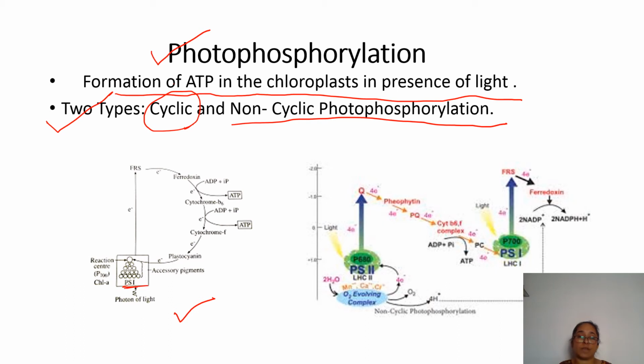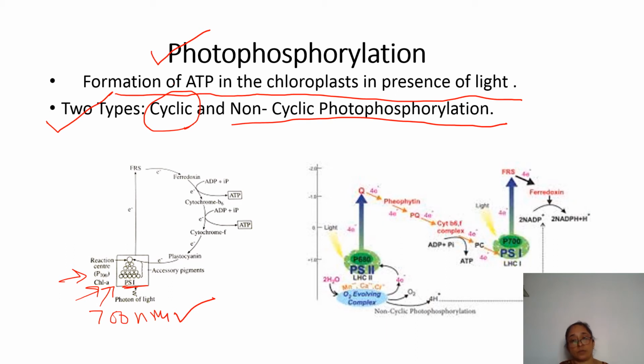Okay, photon of light. Now here what happened in the case of this photosystem 1? It absorbs energy of different wavelengths. Here the absorption of light takes place by photosystem 1. Because of that, the reaction will occur, that will initiate the reaction, and a specific molecule of chlorophyll A. Photosystem 1 is of how many nanometers? 700 nanometers, isn't it?